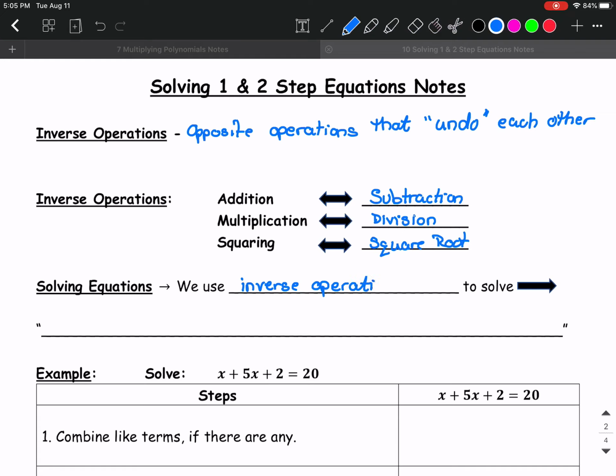Not only that, we use the opposite operations in the opposite order. The reason I changed inverse to opposite is just so you have all those O words, because you kind of remember it when it's a whole bunch of O words. So we use the opposite operations in the opposite order.